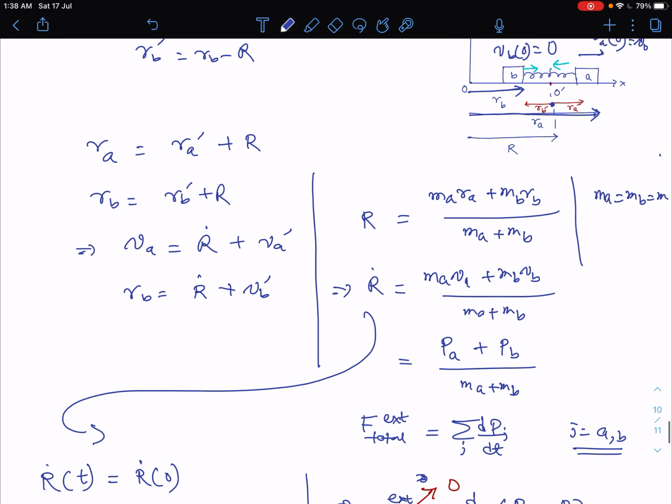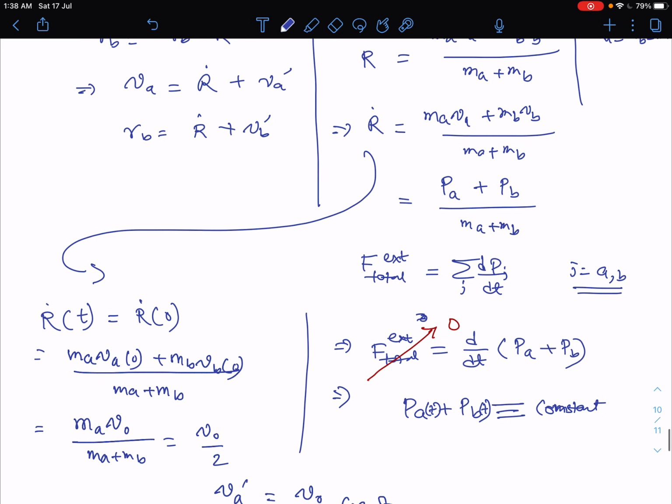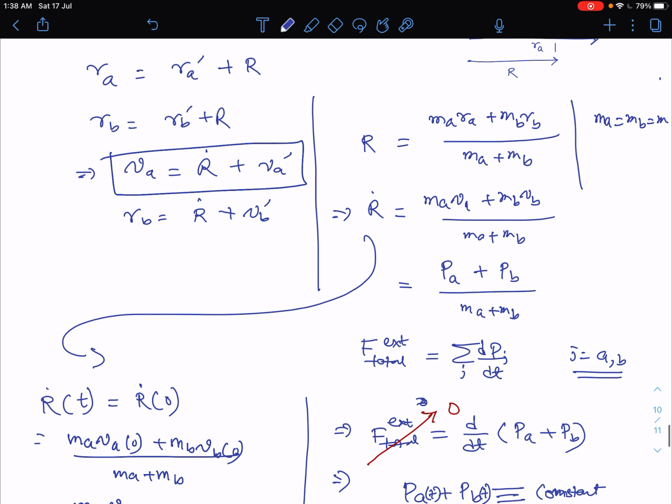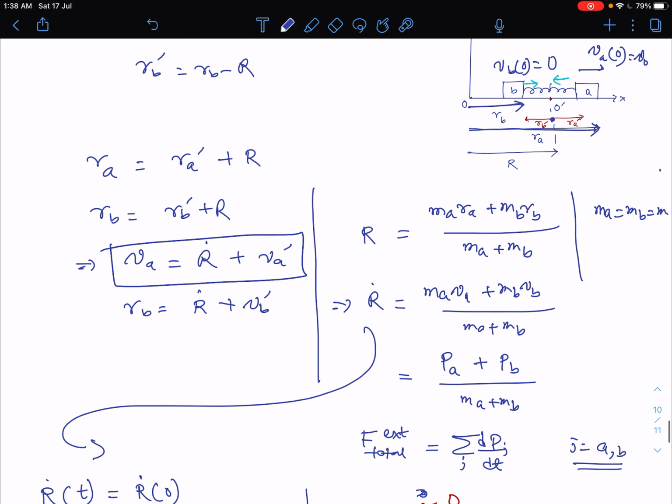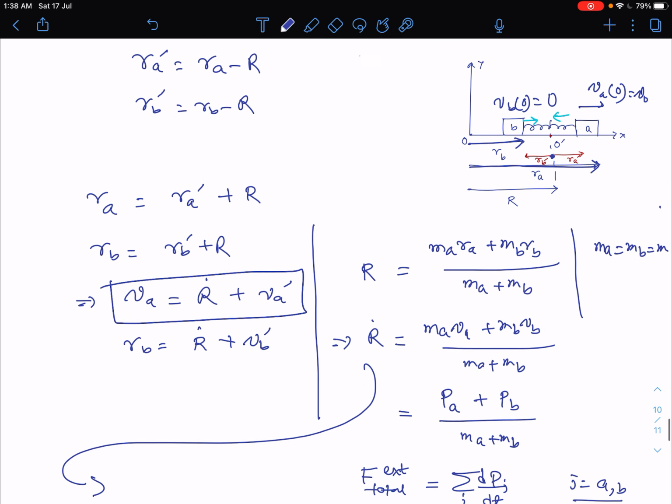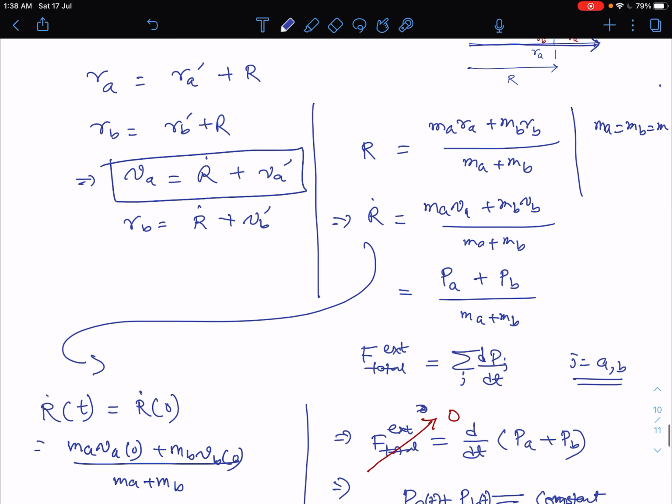And so our VA is R dot plus VA prime. And what is VB? VB is in a similar way R dot plus VB prime, right? Okay, this is just VB.